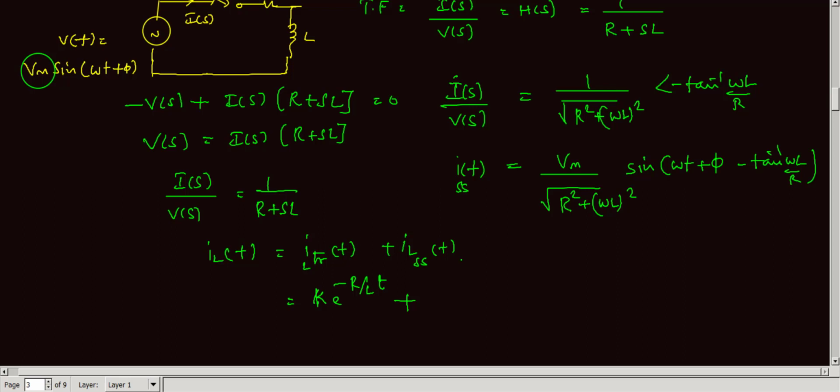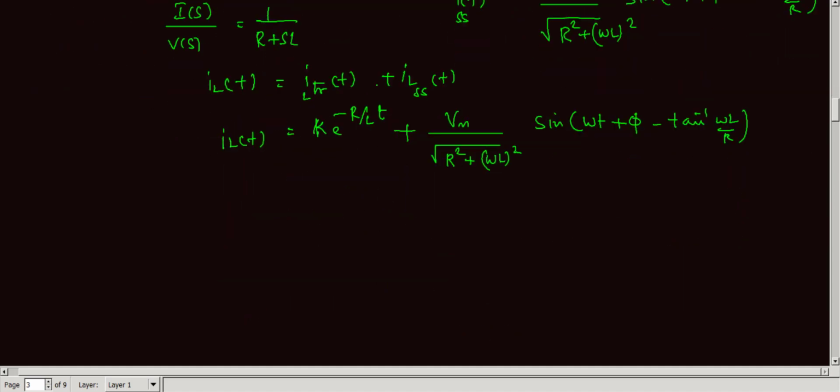I am considering a series RL circuit. So IL of t equals k e power minus R by L t plus Vm by root of R square plus omega L whole square sin of omega t plus phi minus tan inverse omega L by R. I know that IL of 0 minus equals IL of 0 plus equals 0.